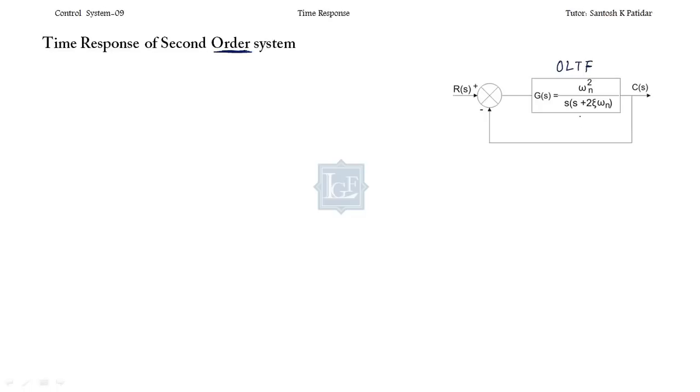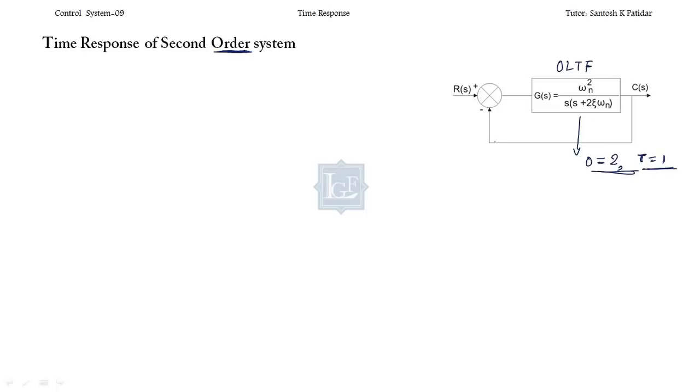So here the order is 2, and if someone asks what is the type, so type is 1. Type and order both are given by open loop transfer function, and definitely you have only open loop transfer function in your hand.